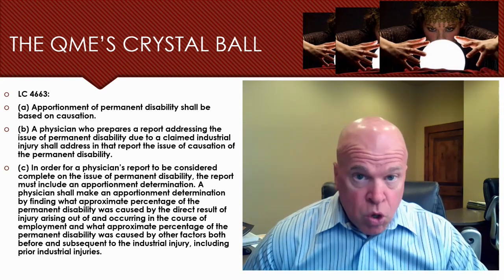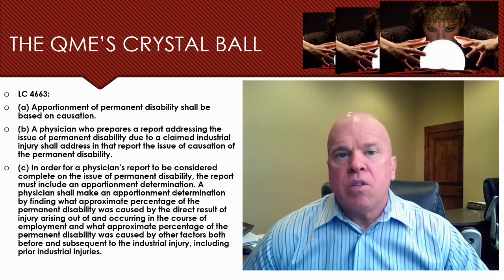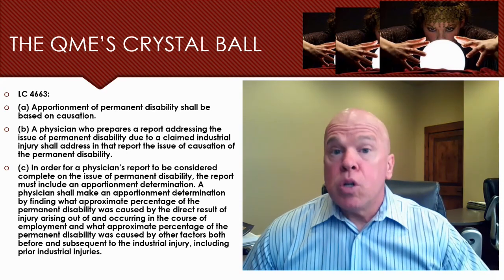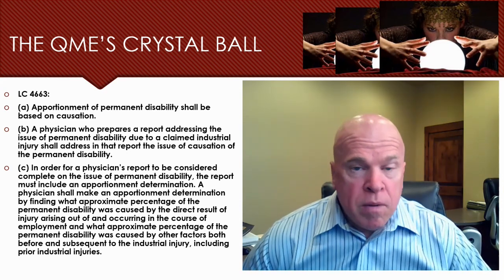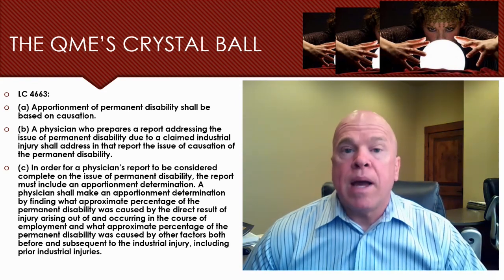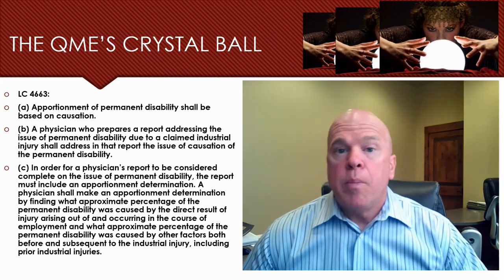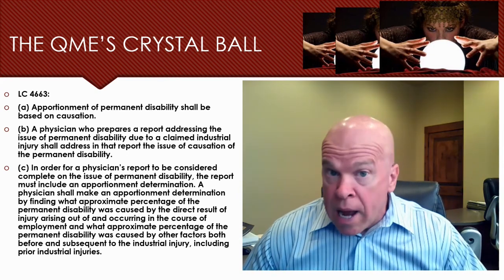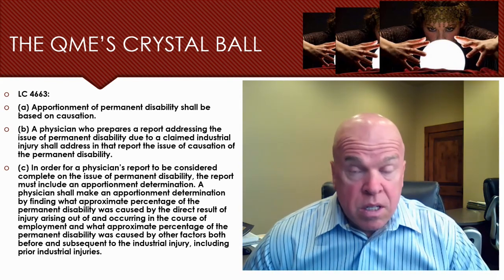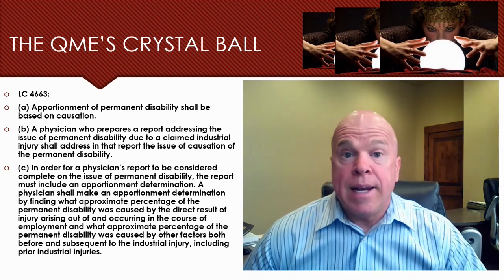Okay, so let's read here from Labor Codes 4663 and 4664, which are new apportionment laws that were part of the reform package that involved Senate Bill 899 back in 2004. Now, Labor Code 4663 is not new, but it includes changes over prior Labor Code 4663, whereas Labor Code 4664 is new with the passage of Senate Bill 899.